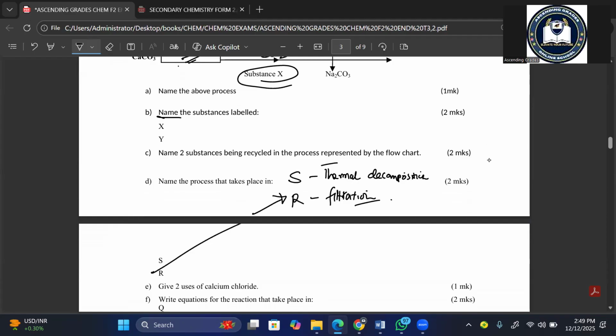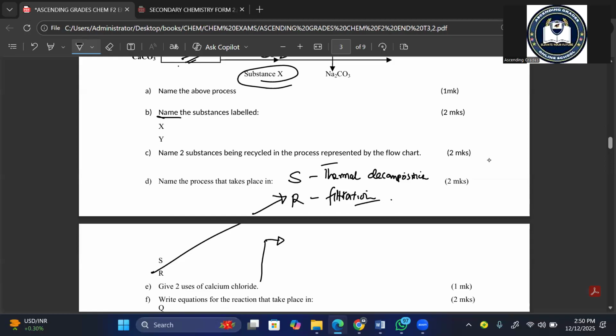Give two uses of calcium chloride. Now this one, we can take it here.